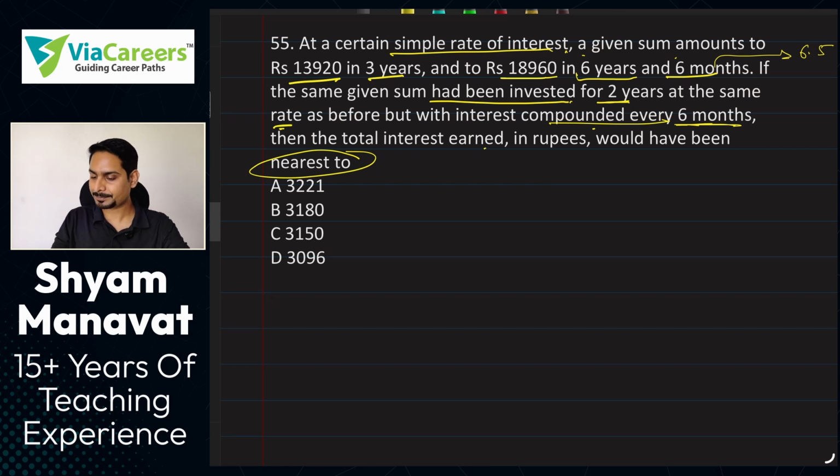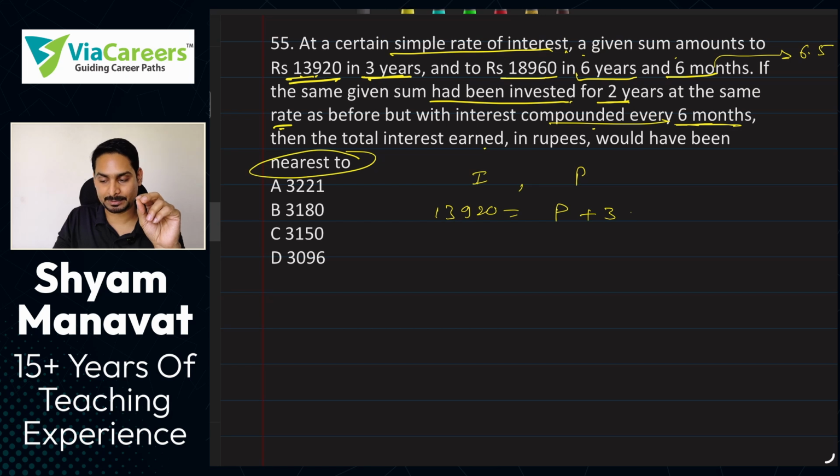Now here, first of all, we need to find out what was the principal and what was the rate of interest by the first simple interest condition. So let's do it. Here the amount is 13,920 in 3 years. In case of simple interest, if interest for 1 year is I and the principal is P, then 13920 can be written as P plus 3I, right?